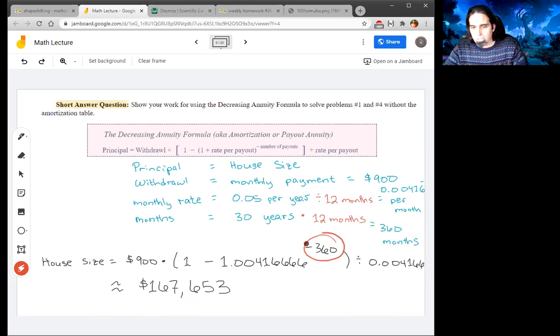The smaller this is, then the less this part shrinks. So the farther this is from 1, because we're subtracting away more. So that means that you're effectively having a smaller monthly payment because we're multiplying it by something between 1/2 and 1. And that will shrink what your house size could be.